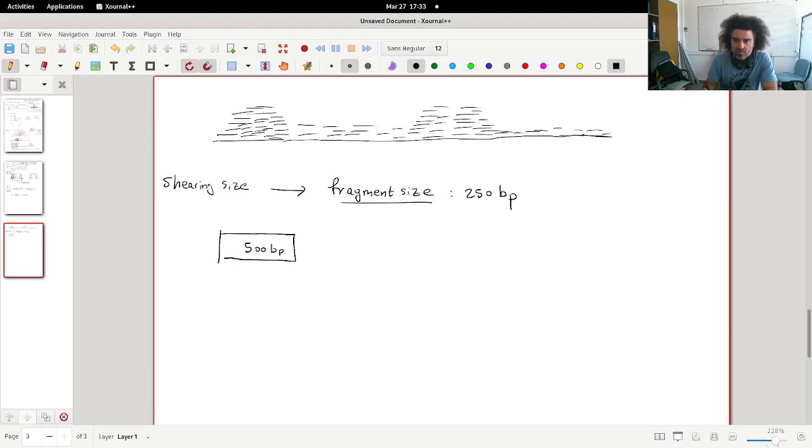and we take this window and we slide it over the genome. So I will use this yellow color here for the window. And again, on this window, we will measure how many reads we find.